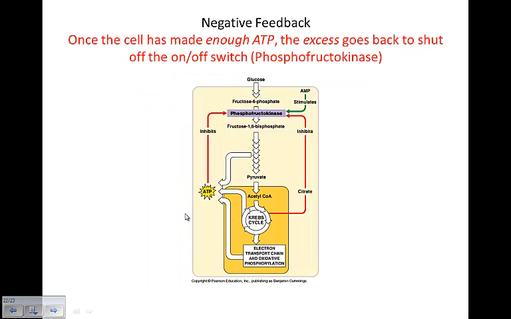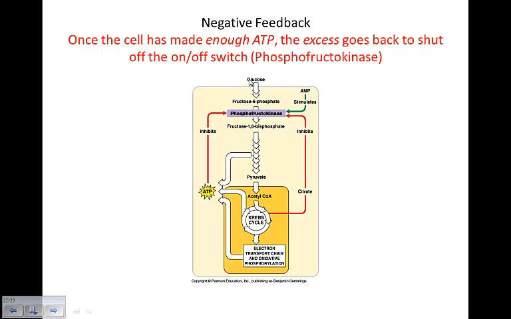Now, the other thing that you need to know is this doesn't continuously happen. If there's enough ATP, then there are processes in place. It's called a negative feedback loop, and it will stop. It's like an on-off switch. And so this phosphofructokinase, kinase meaning enzyme, is the on-off switch.